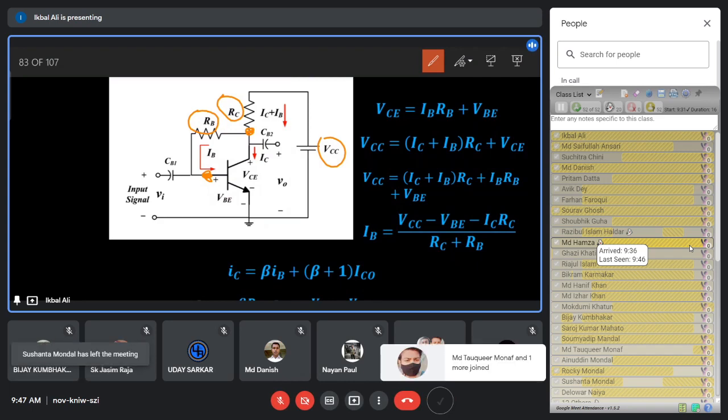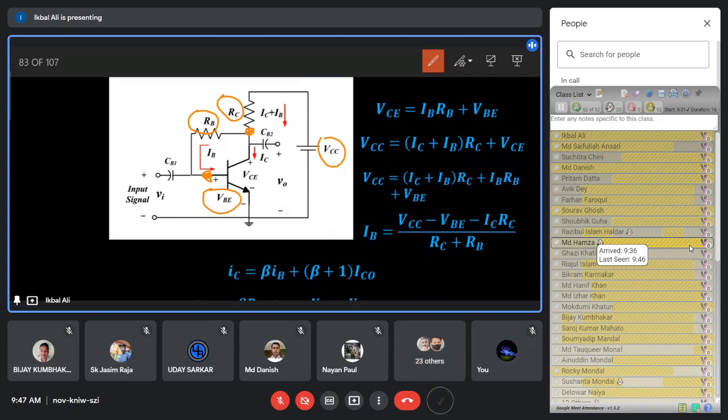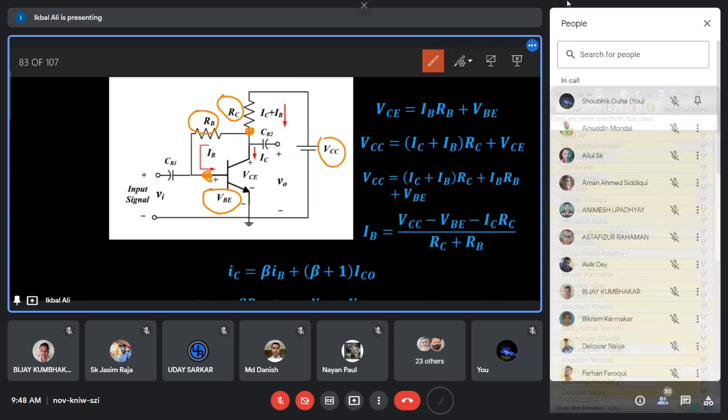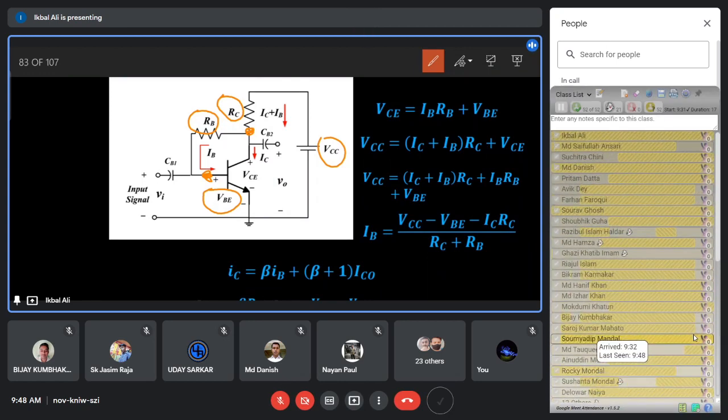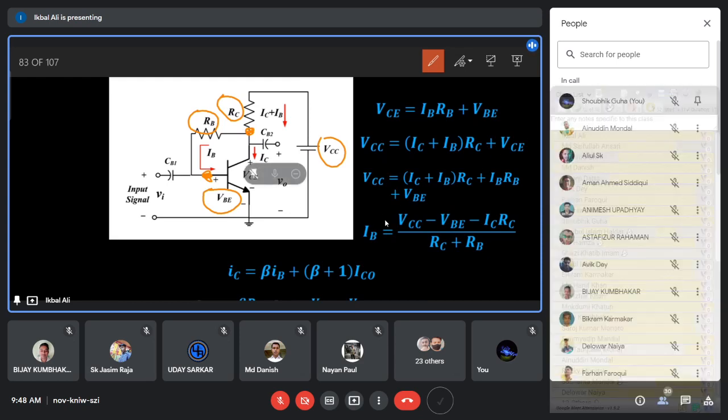If your design is correct, then the base-emitter voltage, the voltage between the base and emitter, will be 0.7 volt, which is the forward bias barrier potential. Between base and emitter, you have a PN junction. It is an NPN transistor, so it is an NP junction from emitter to base.